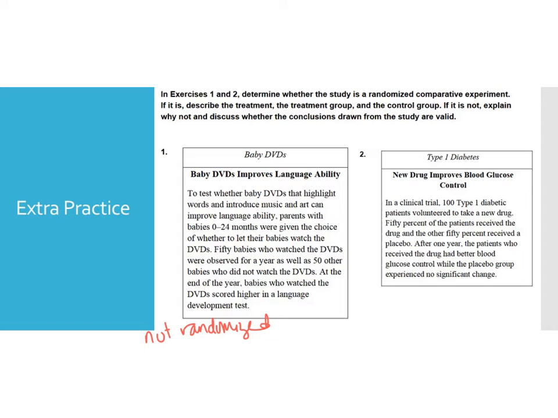So then if we look at whether the conclusions drawn can be valid, well, it would make sense that the babies who watch the DVD would have a higher score in language, but is that the only thing that was different? Maybe the parents of the babies who watched the DVD are much more into developmental skills, and they also read to their kids more.